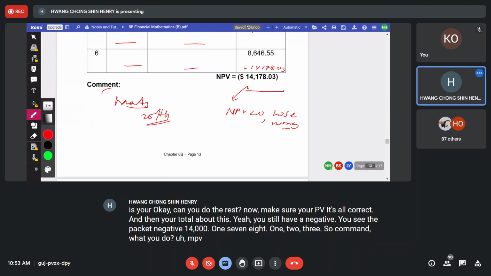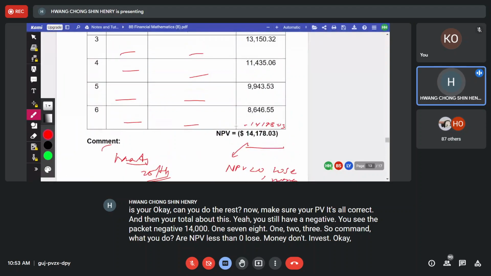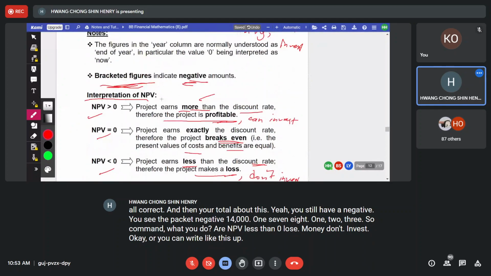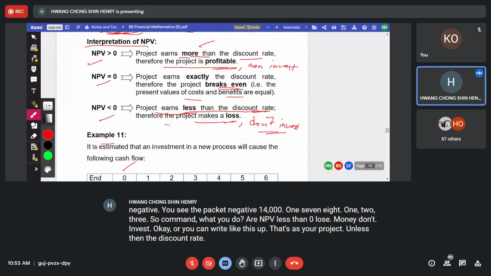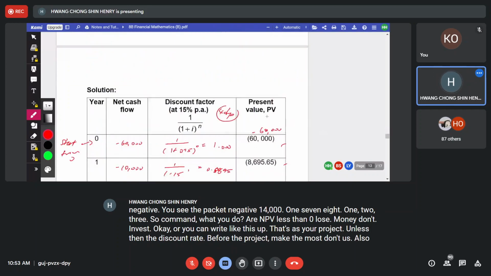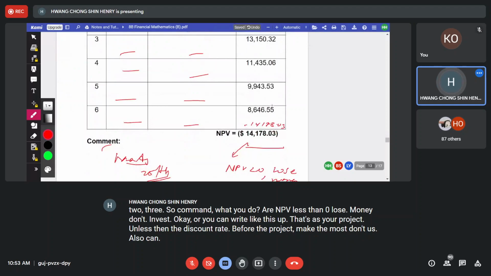NPV less than 0, lose money, don't invest. Or you can write like this: less than 0, the project earns less than the discount rate. Therefore, the project makes a loss, don't invest. That also can. All right, can.